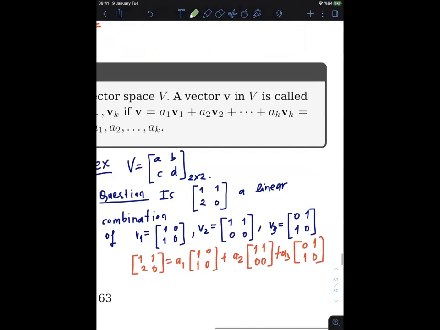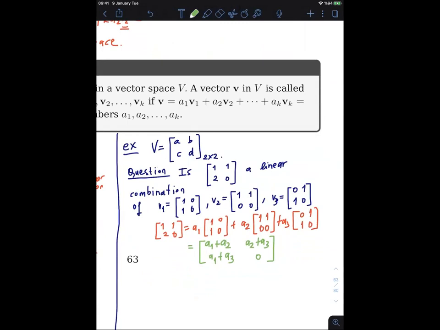So what do we have here? If I write these things, I get A1 plus A2. The second component is A2 plus A3. And this one is A1 plus A3. And this one is 0. So from this equality, we have three relations.